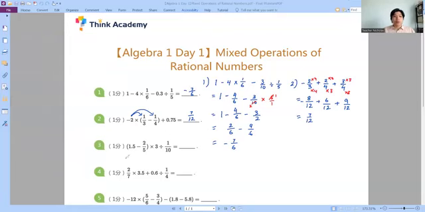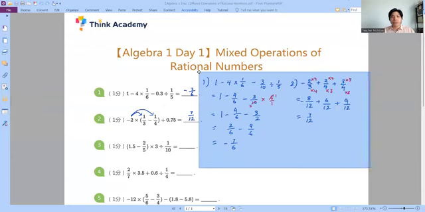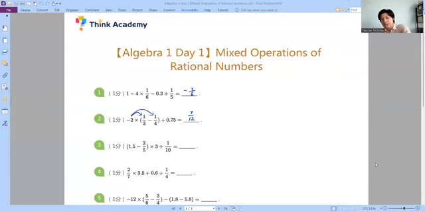Great, so now for question 3, I'm going to clear out the equations that I have right here to make space for that. Taking a look at question 3, we have 1.5 minus 2 out of 5.